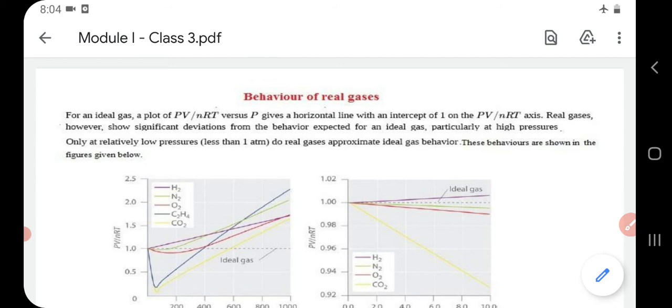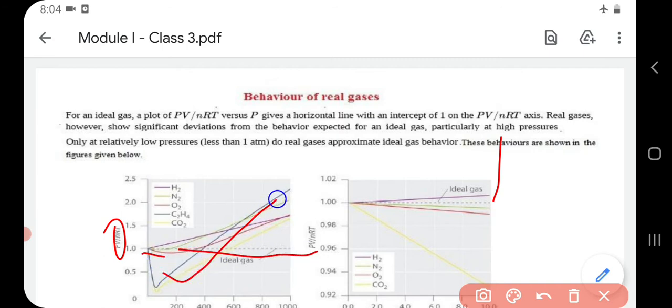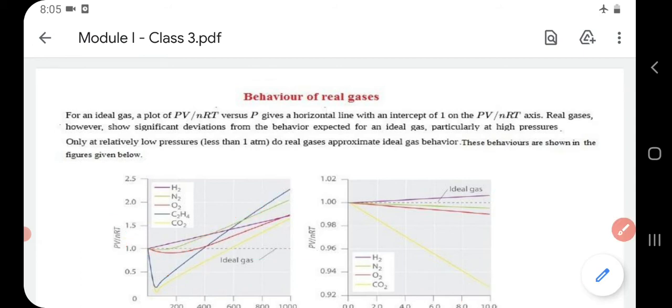Only at relatively low pressure do real gases approximate ideal gas behavior. These behaviors are shown in the figures given below. Exactly what I have told: the ideal gas makes an intercept of 1 on the PV by nRT axis, and all the other gases deviate from that ideal gas behavior, and that is quite evident from these two figures.